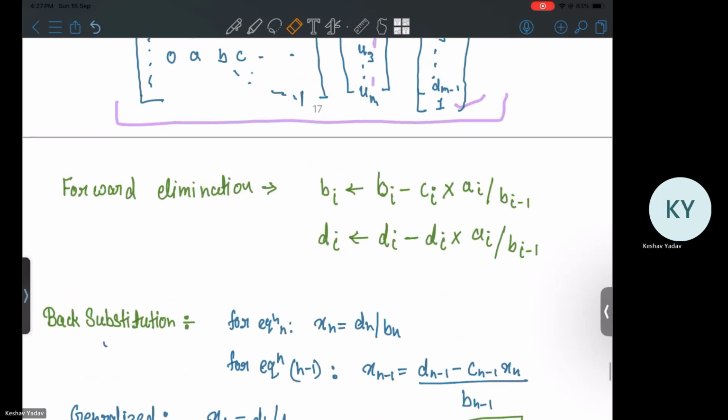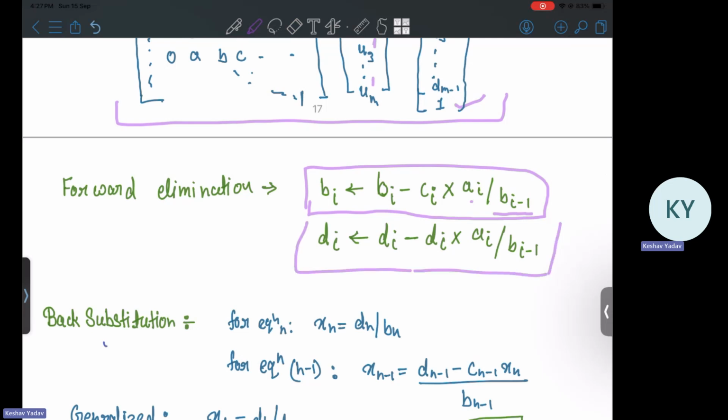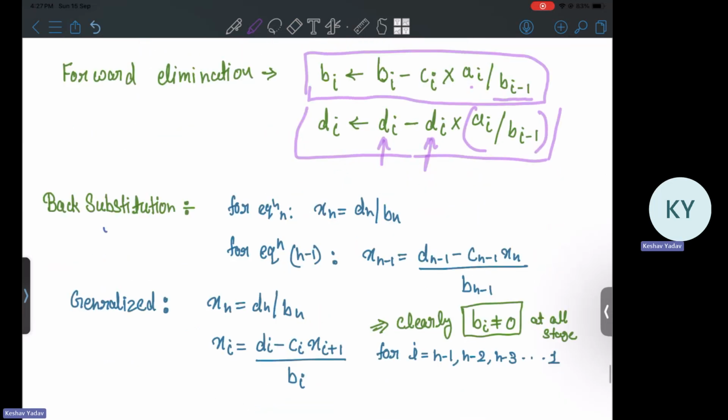Now in this TDMA, if I do the forward elimination, then b_i will be b_i minus c_i a_i upon b_(i-1). If you do not remember this, please revise week 7, where the Thomas algorithm was discussed. Similarly, the new d_i will be d_i old minus d_(i-1) multiplied by a_i divided by b_(i-1). Okay, then we will do back substitution.